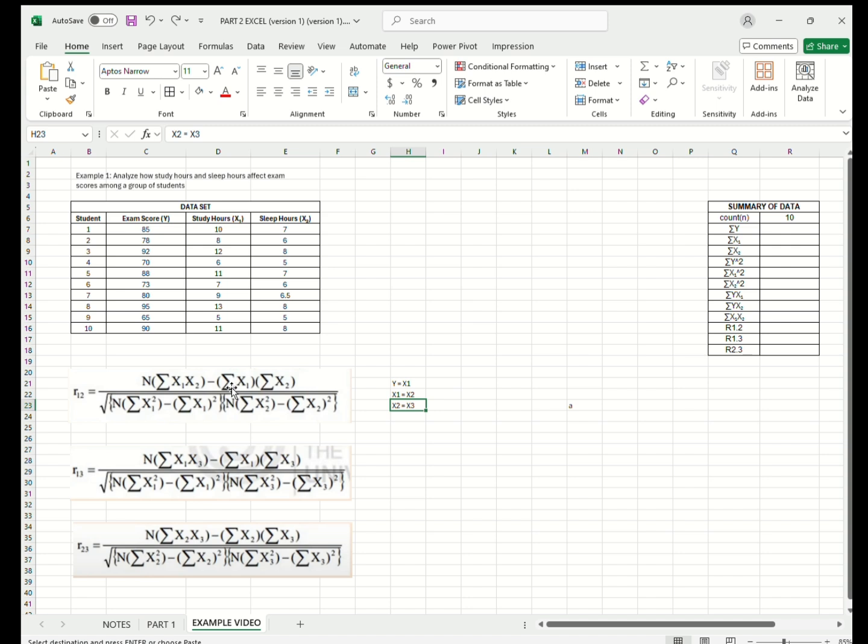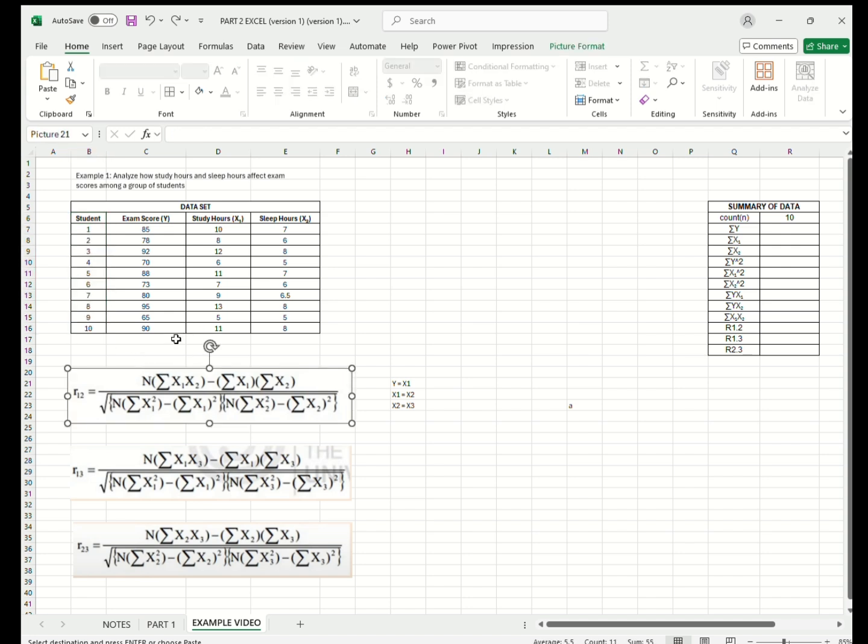First, we need to identify which data to get. We need to get the n. N is equal to the number of students. And here, we need to get the summation of x1 multiplied by x2, which is the exam score dependent variable and the study hours independent variable. And then the summation of the dependent variable multiplied by the summation of the independent variable study hours.